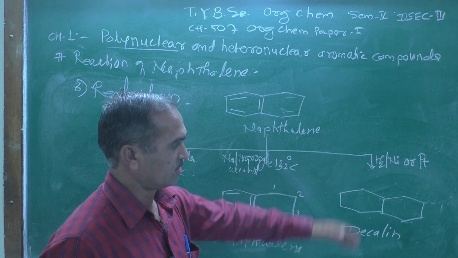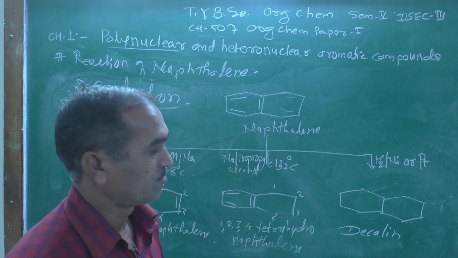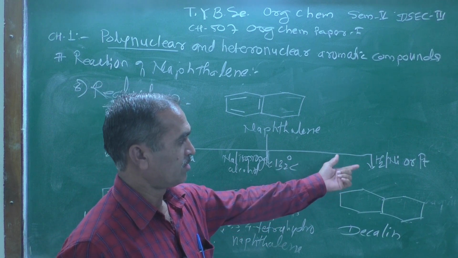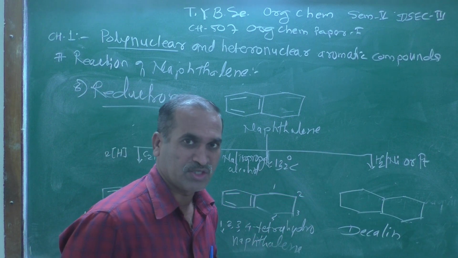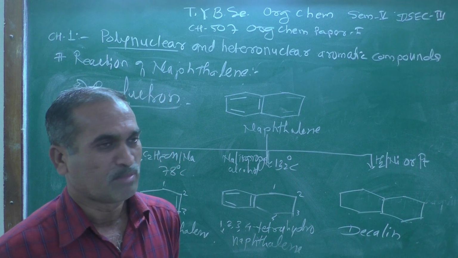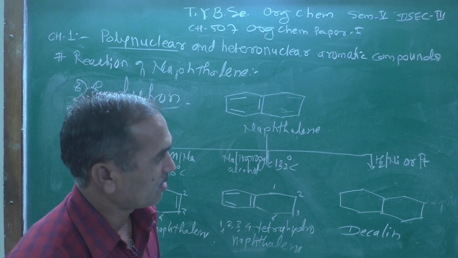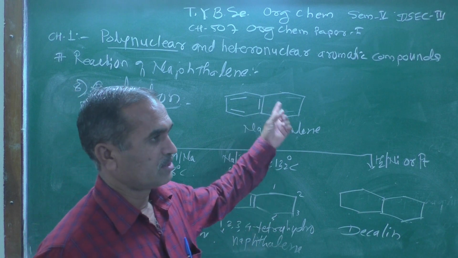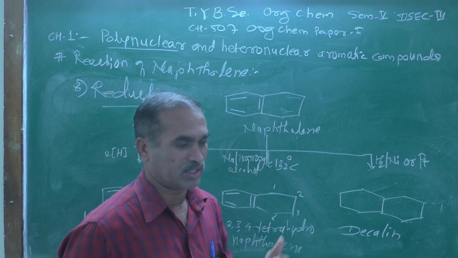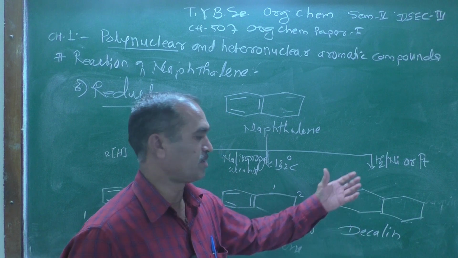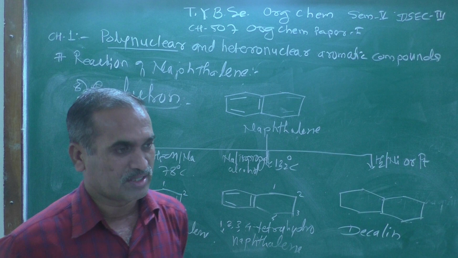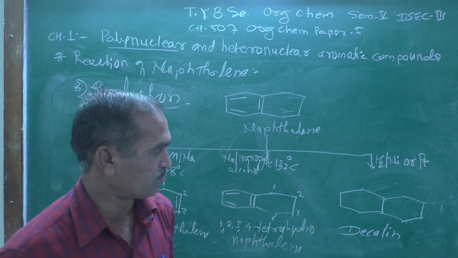Now look at the next one, where the reagent is changed: molecular hydrogen in presence of nickel or platinum. What do you get? All the double bonds get converted into single bonds, and we get the desired product, decalin, a saturated compound.